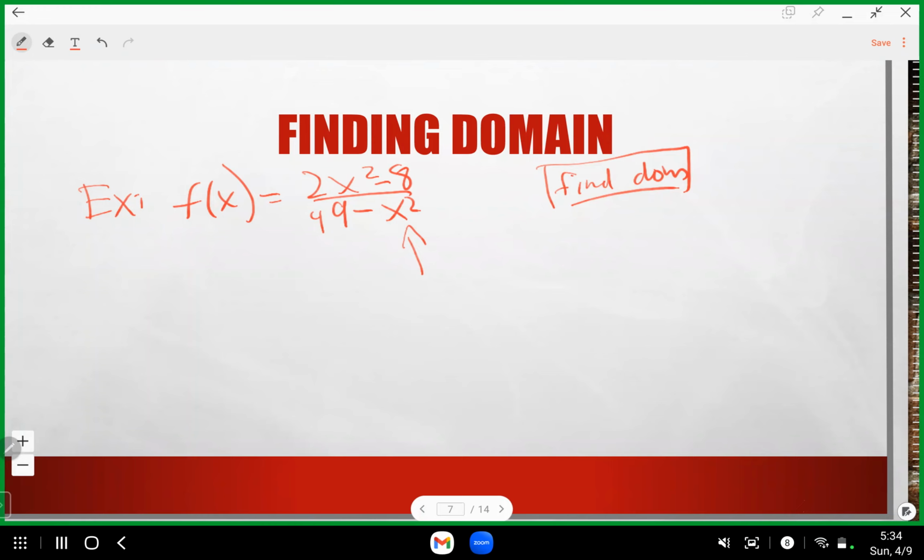So that means the restriction is 49 minus x squared cannot be equal to 0. William was a little bit right, so we need to factor this. And you see there are two factors: x cannot be, not just 7, but also -7. X cannot be equal to either of those numbers, meaning that the domain is negative infinity to infinity, skipping over them.